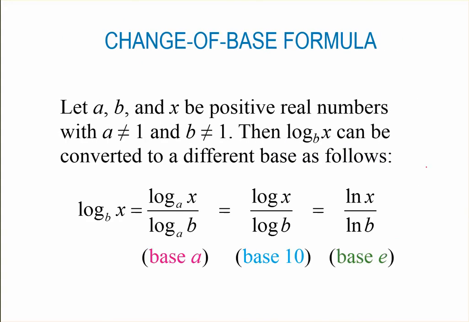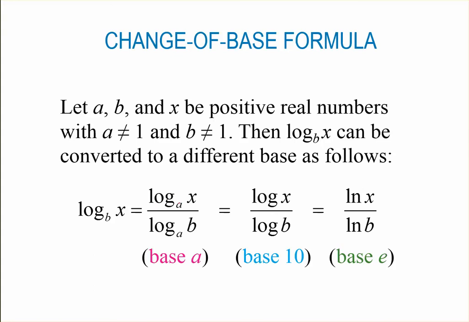So what we've come up with is something called the change of base formula. If you have a log with a certain base and a certain number, what you can do is change it to any base which you like. So log base a of x.